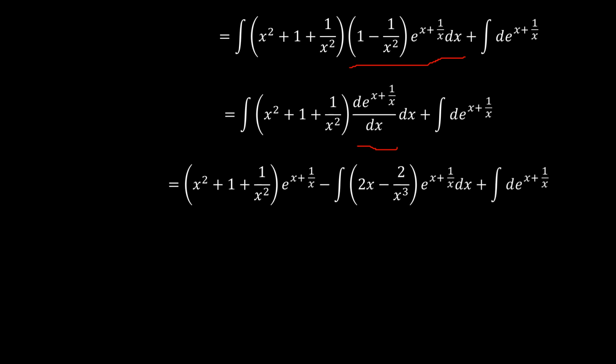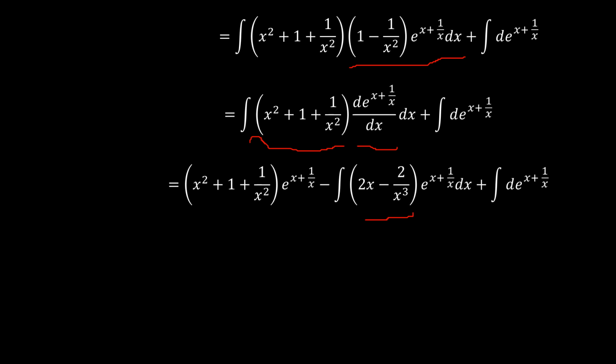So as you can see here, this is the derivative of this, and so the antiderivative is e to the power x plus 1 over x times this initial value, and then inside the integral sign, now we differentiate this value that was not differentiated, and so we get 2x minus 2 over x cubed times e to the power x plus 1 over x. Again, product rule, integration by parts, integrating by parts.